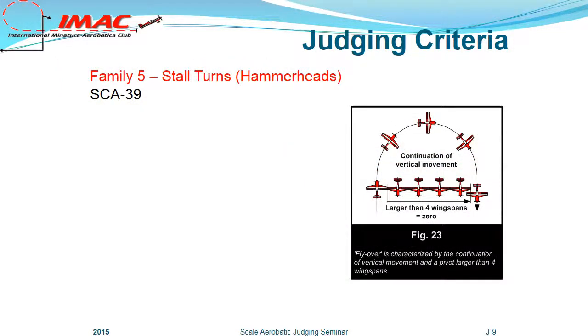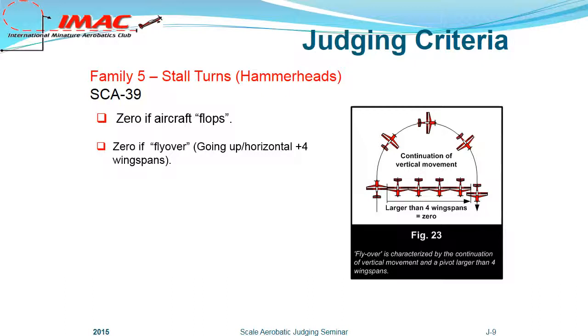Finally, we'll look at some deviations that cause a 0 to be scored. If the aircraft flops when it reaches the stall instead of pivoting, the pilot receives a 0. A 0 is also scored in the case of a flyover. A flyover is characterized by continued vertical movement along with a pivot larger than 4 wingspans, as indicated in Figure 23.